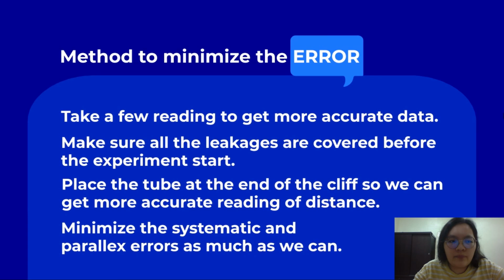We also need to place the tube at the end of the clip so we can get a more accurate reading of the distance. Lastly, we should minimize the systematic and parallax errors as much as we can, which can also reduce the error.